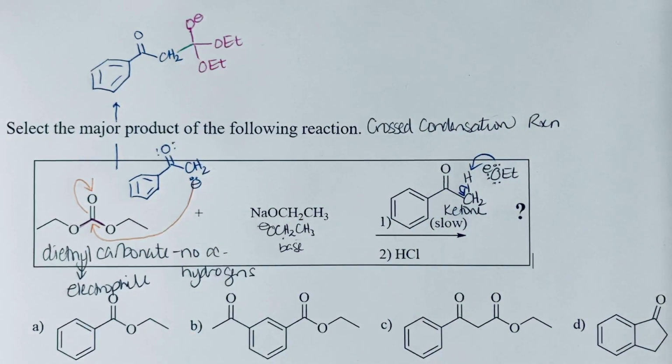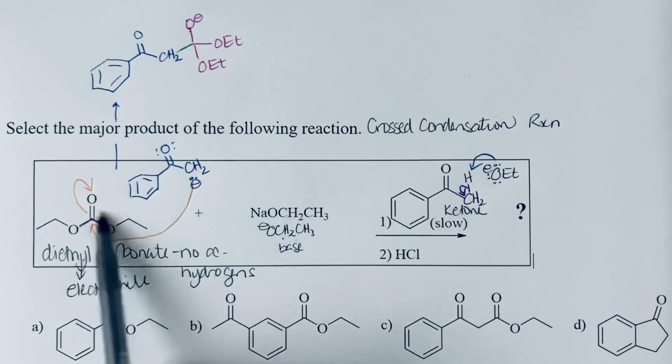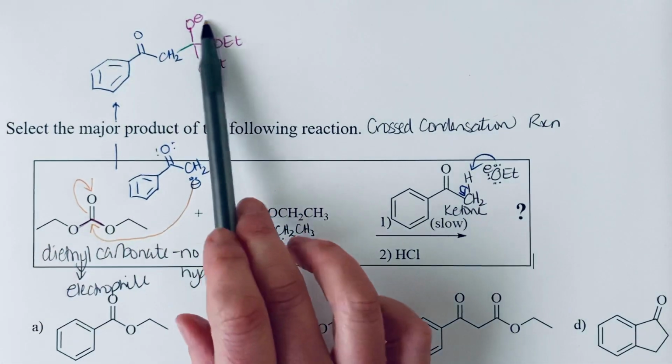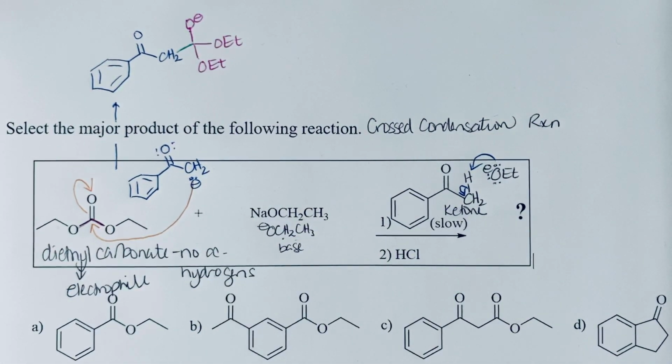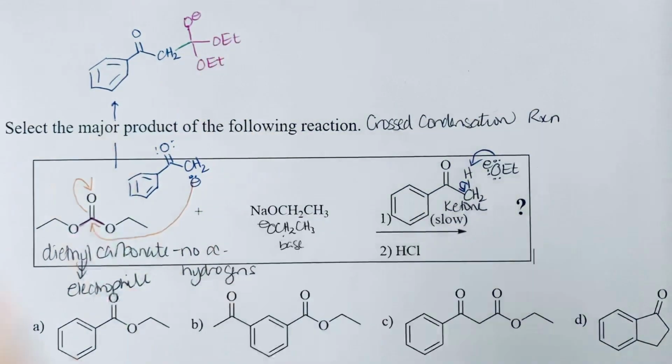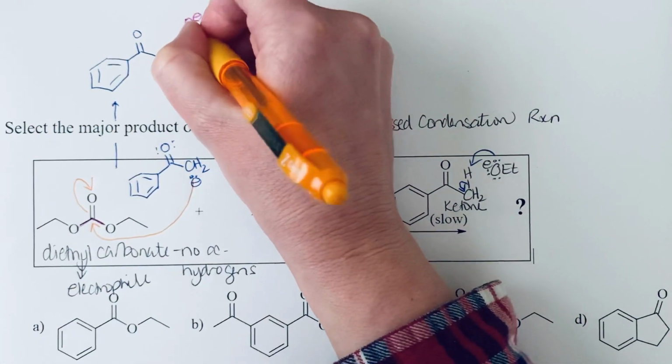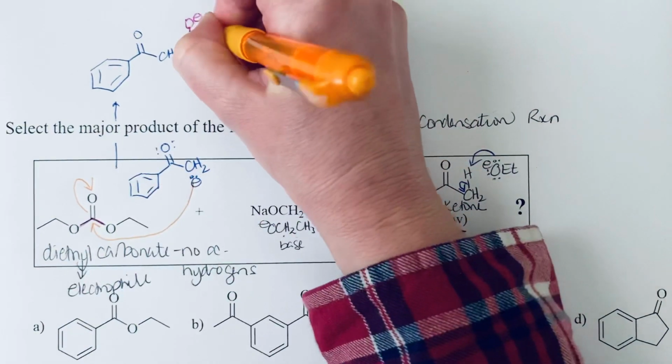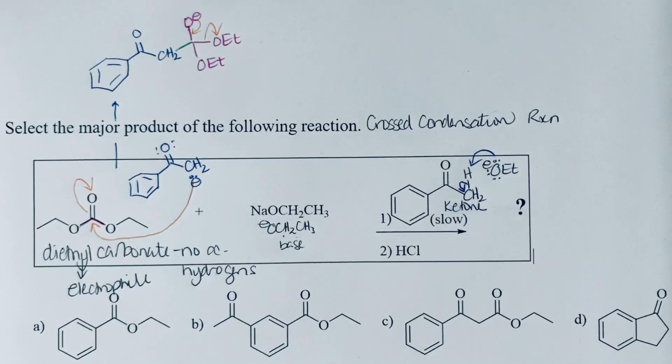So you have this tetrahedral addition intermediate, and just like in all of the other reactions we saw where we attacked a carbonyl, if you have a leaving group, these electrons can come back down and kick off the leaving group. And we actually have two leaving groups here, so this is definitely going to happen. So our electrons can come back down and we can push off one of those ethoxy groups.